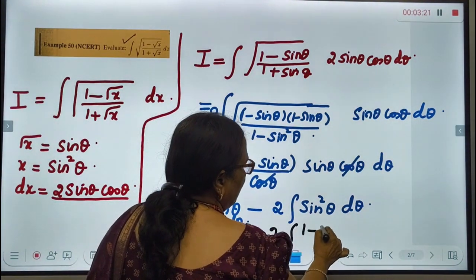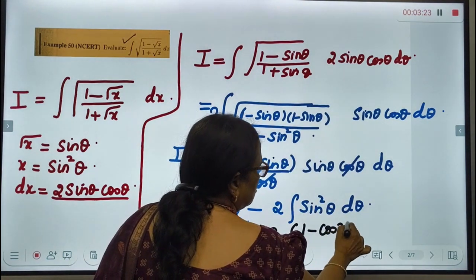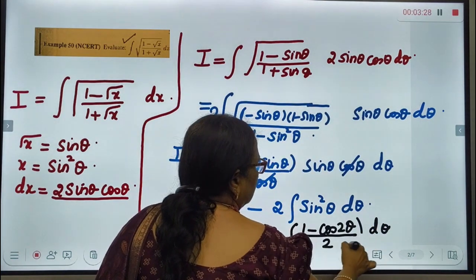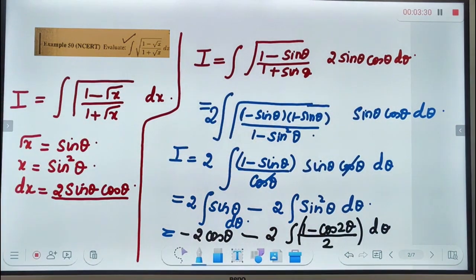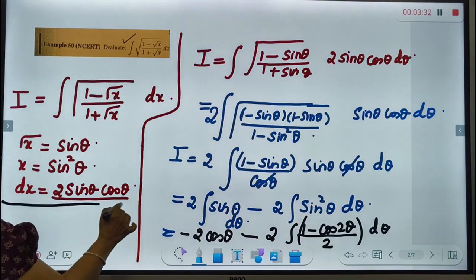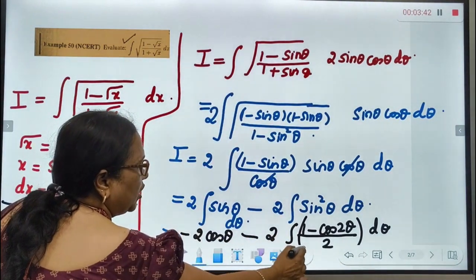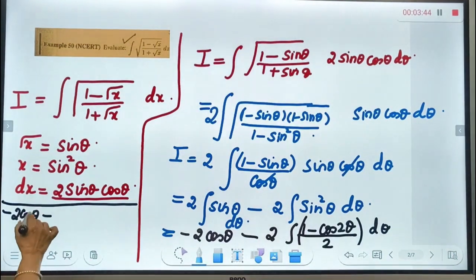How will you integrate? I will write it as (1 minus cos 2 theta) by 2. What will I get? This is minus 2 cos theta minus 2 into half will give you minus theta.